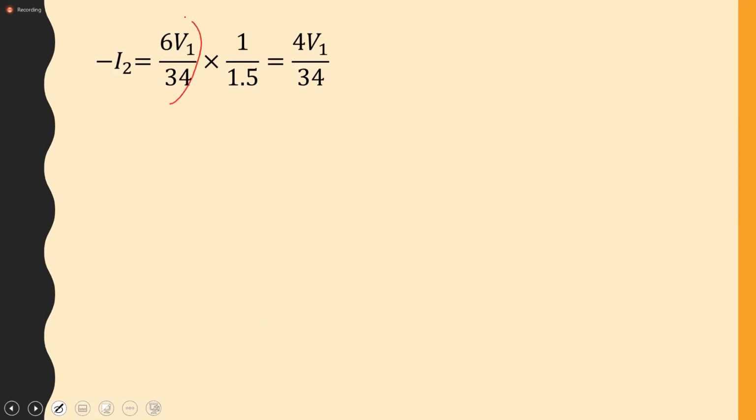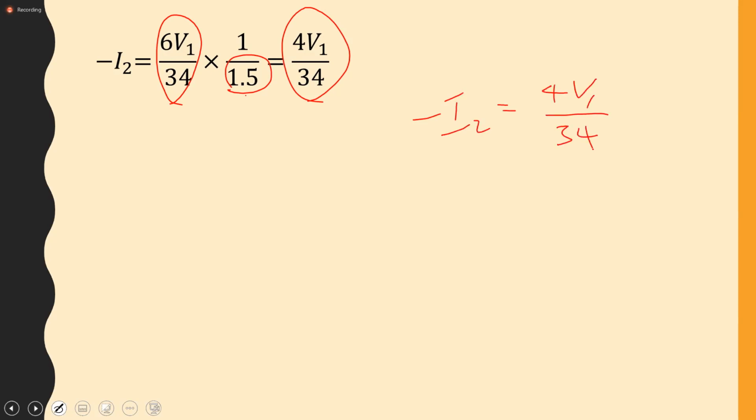So if I do that, minus I2 would be equal to the voltage across the parallel section divided by the resistance, or times 1 over 1.5. And this gives us 4 over 34. So minus I2 is equal to 4 V1 over 34.